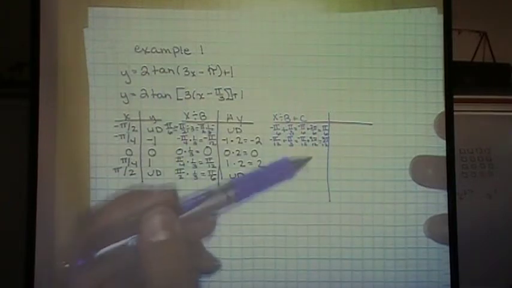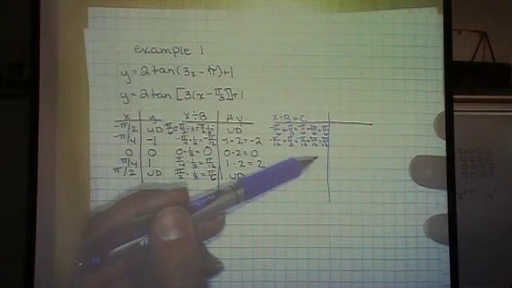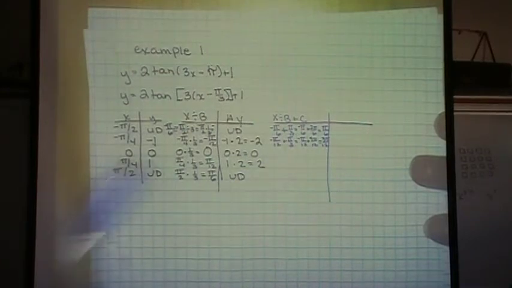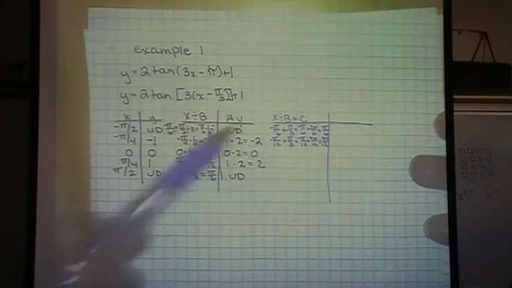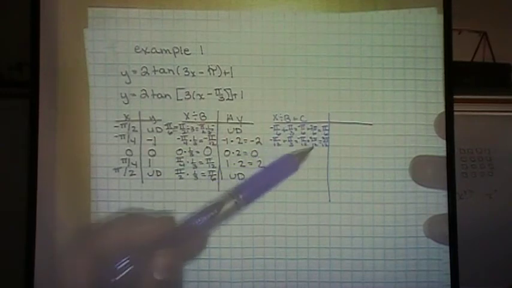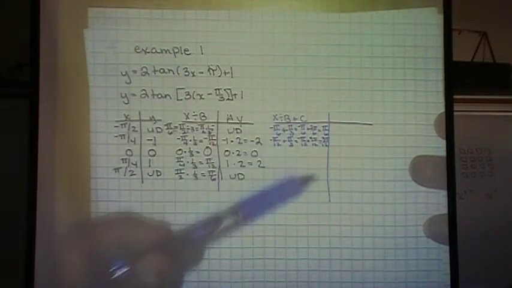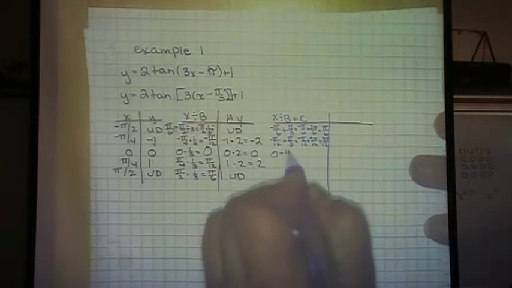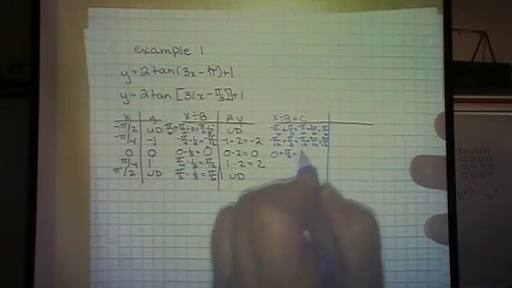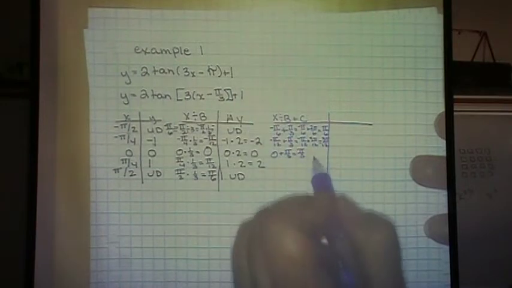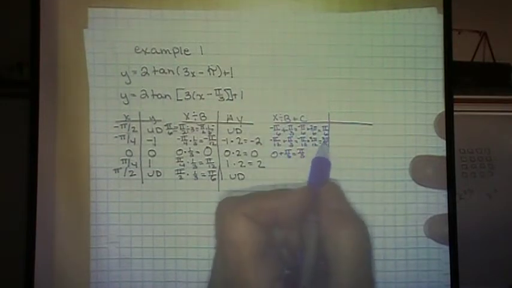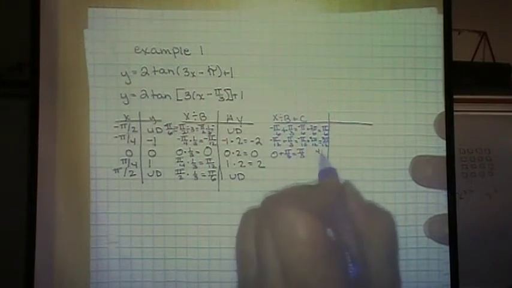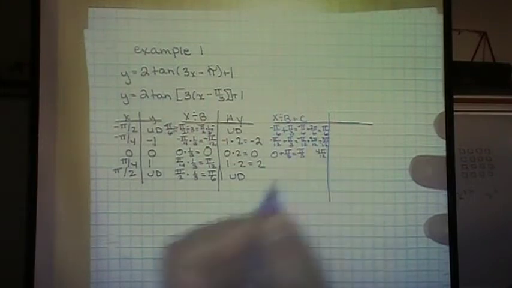I do not want to reduce that yet. Same as with when we were doing sine and cosine, we want to kind of see what our scale is. And so 12 might be what I want to change all my denominators to. The next one, 0 plus pi over 3 is just pi over 3. And if I want to go with that denominator of 12, that would be 4 pi over 12.